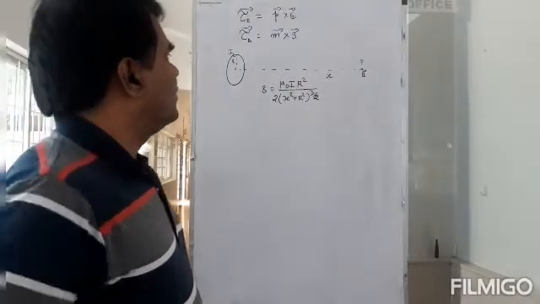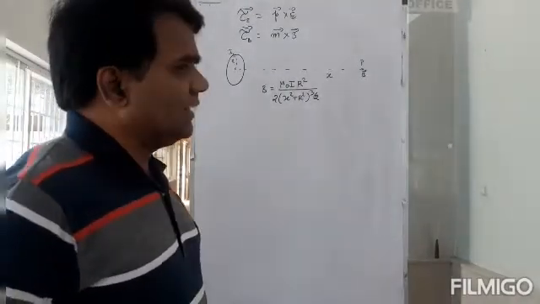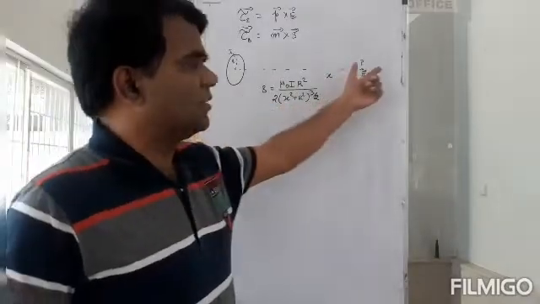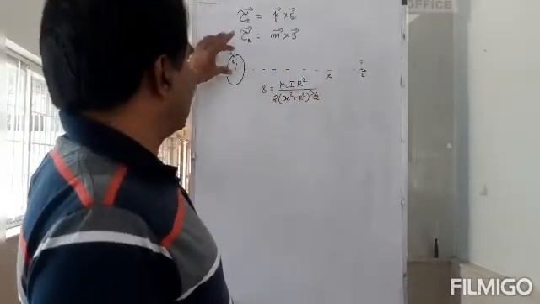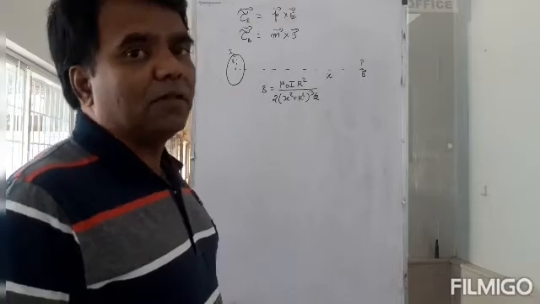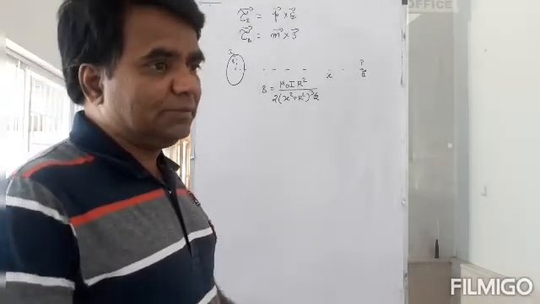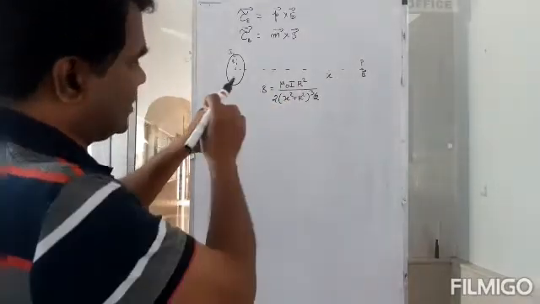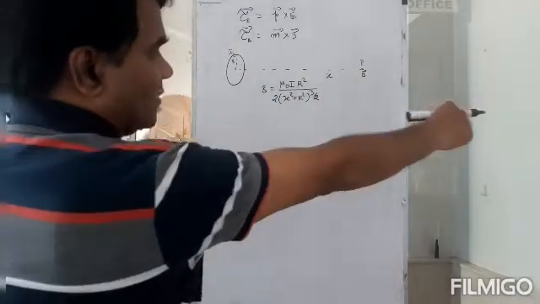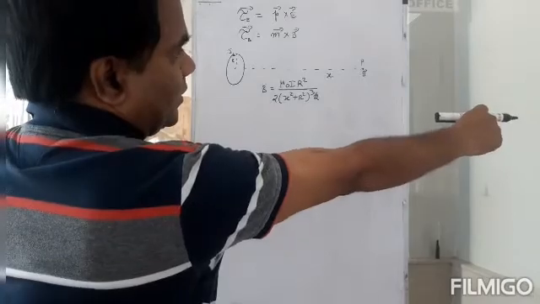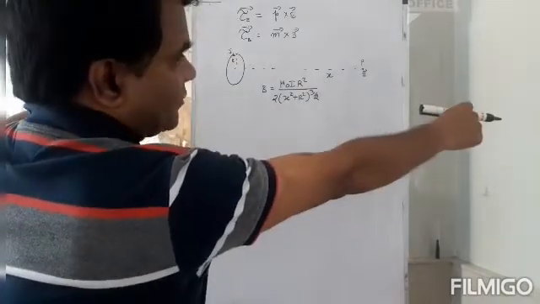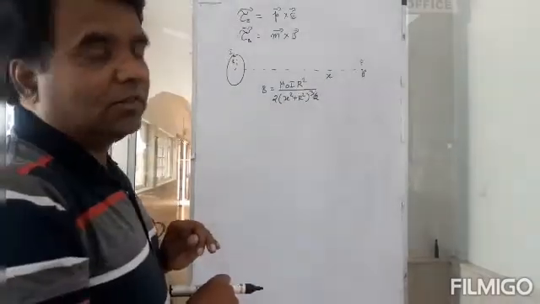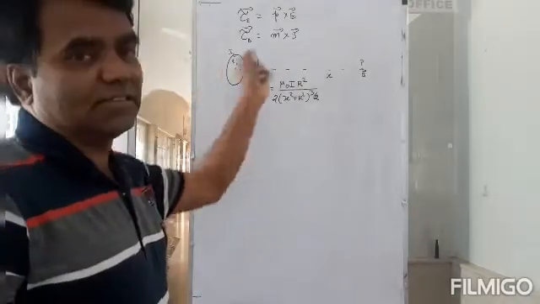Let me consider a case where this distance is much greater than the radius. My case is this: I have a small circular loop, but then I'm finding B at a far off place from there, along the axis.